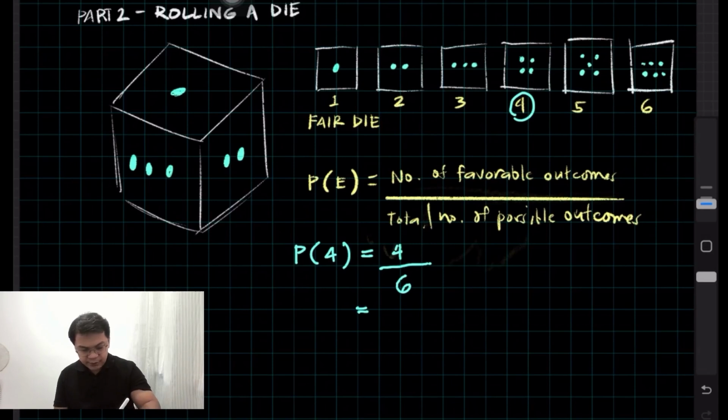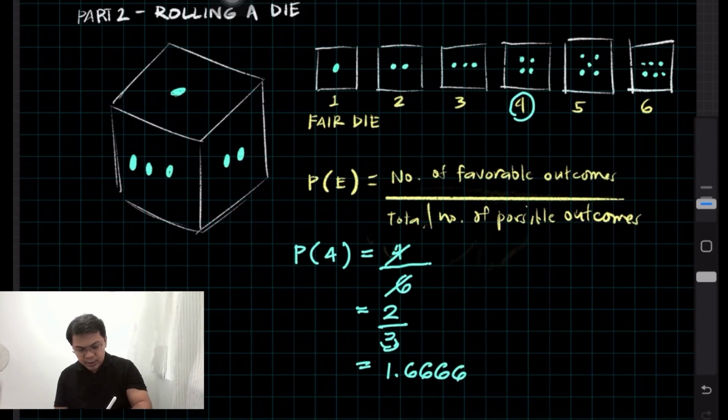So we end up with 1 divided by 6. If we reduce it further, we can divide both the numerator and the denominator by 2, so that's 2/3. So 2/3 is going to give us 1.666, a repeating 6.